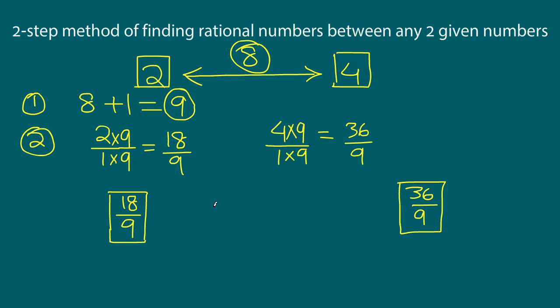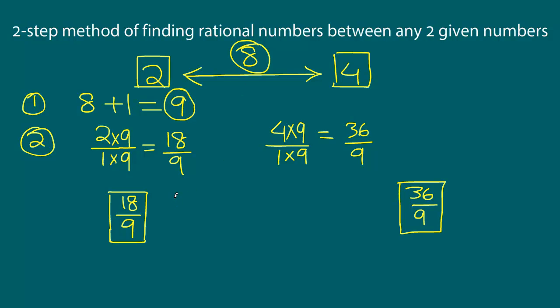Now the question is, is it any easier to find our 8 rational numbers between these two? Here, our denominator is the same. So we can keep the denominator the same and increase the numerator so that it goes from 18 to 36. That means the numerator will be more than 18 but less than 36, and the denominator will be 9, and then we can find any 8 rational numbers.